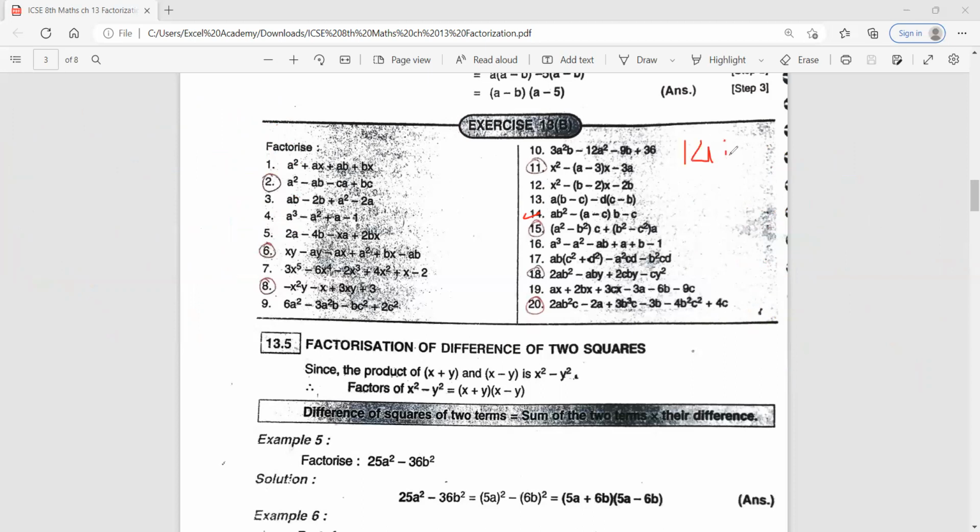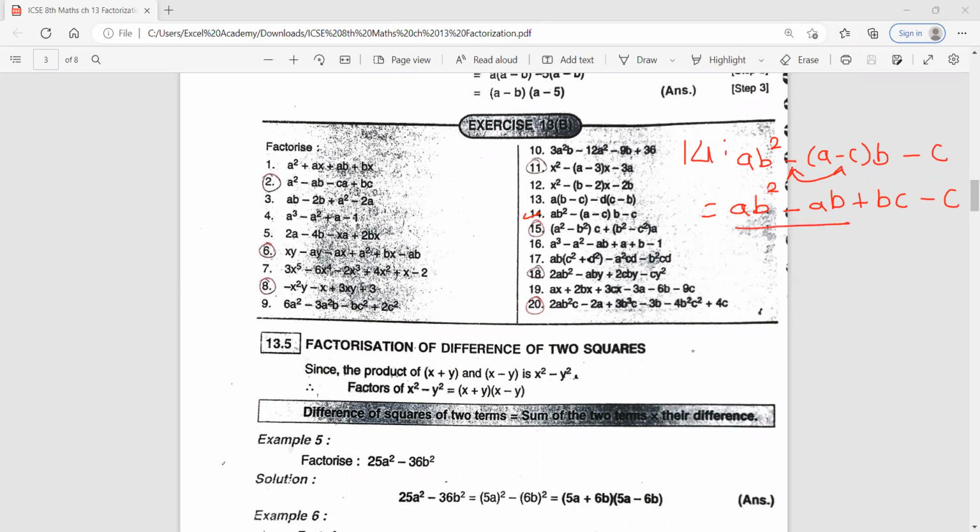There is no choice. So ab square minus into bracket a minus c into b minus c. So there are three terms. ab square is one term, minus into bracket a minus b is one term, and this is one term. So you need to open the middle bracket. So what do you get? You get ab square minus ab, minus minus plus bc, cb and bc same thing, minus c. Correct?